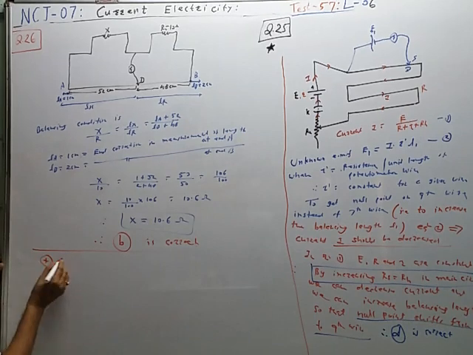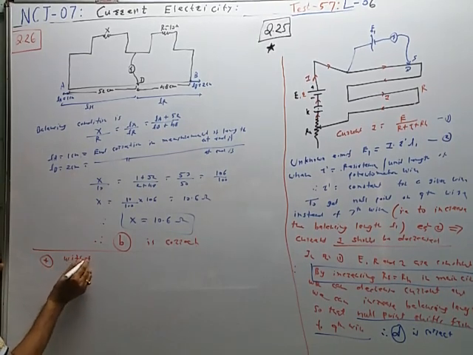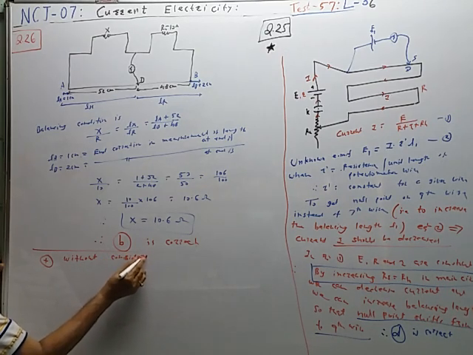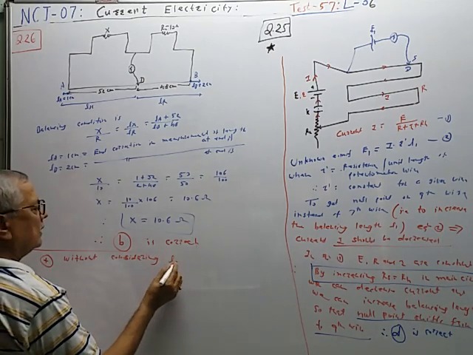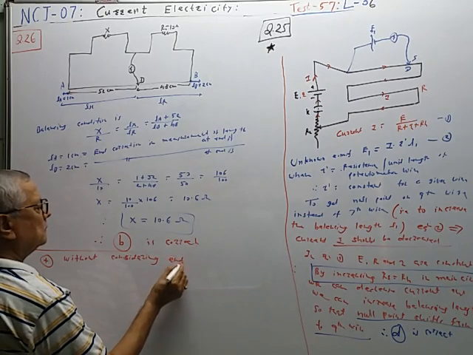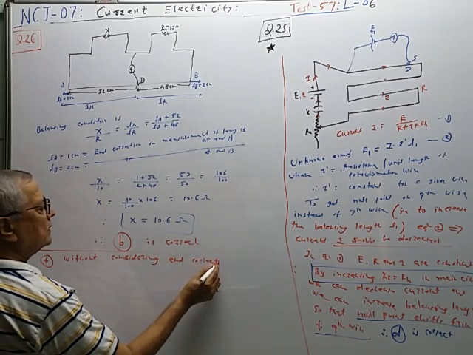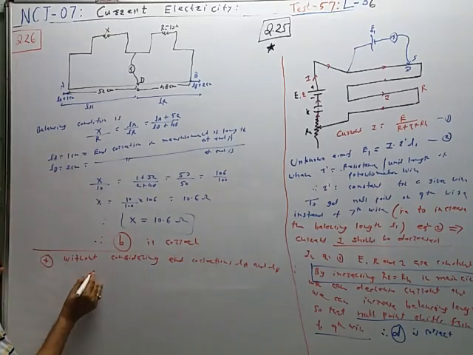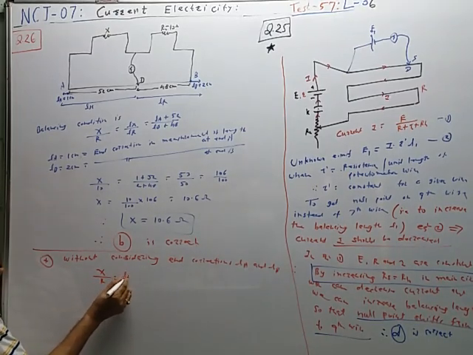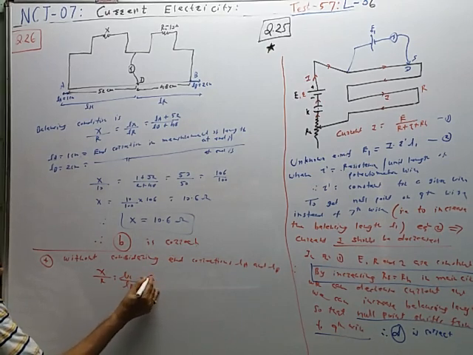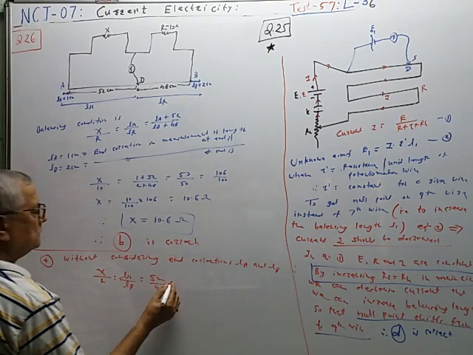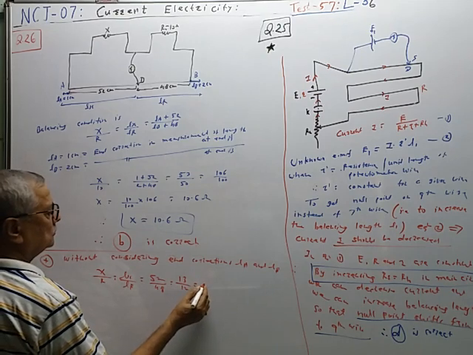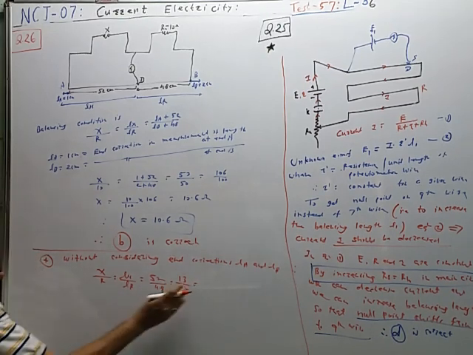Now add one more point. Without considering or neglecting end corrections LA and LB, X upon R is equal to Lx upon Lr is equal to 52 upon 48, which is equal to 13 upon 12.